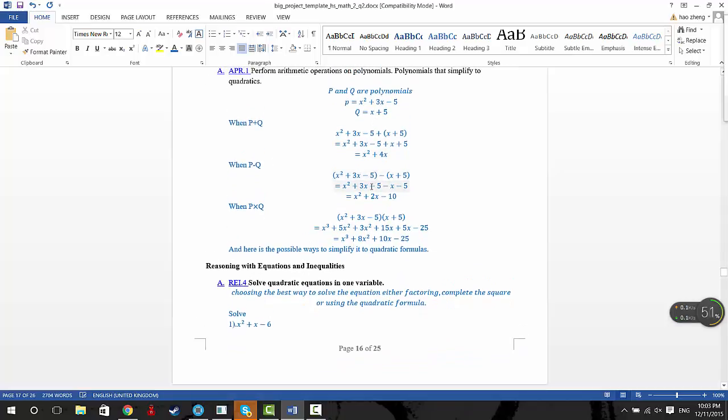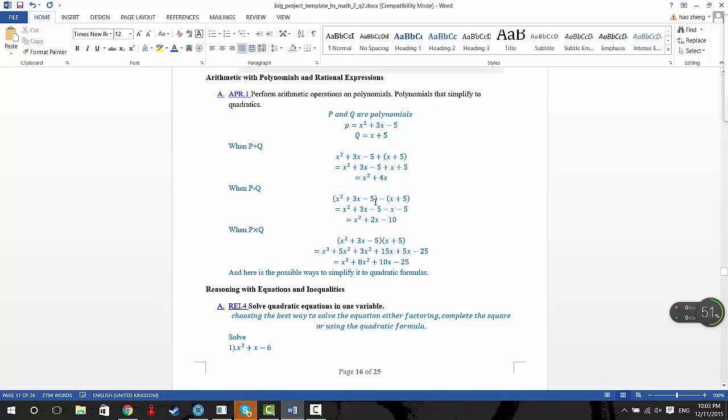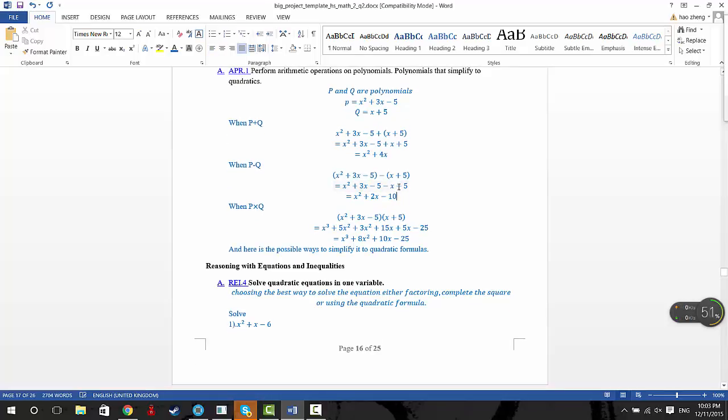And when P minus Q, we write the equation here again, but this time we put a negative in here, because you want us to find the difference, right? So we put a negative here, and as you can see, there's a negative in front, so we multiply through to get rid of the brackets.